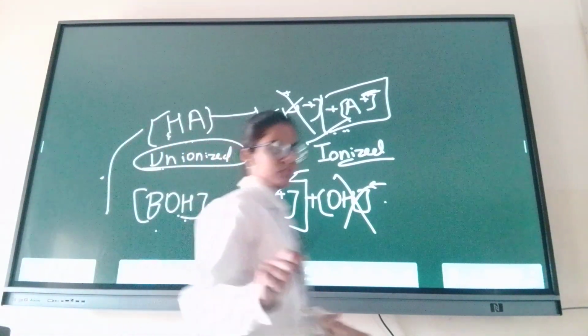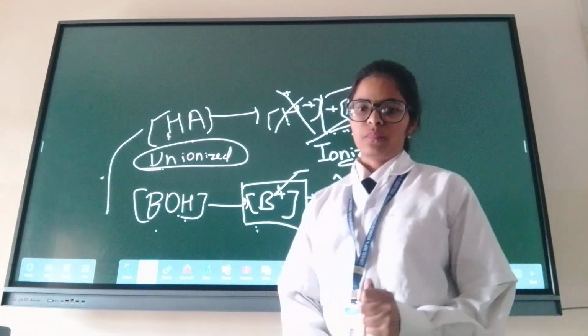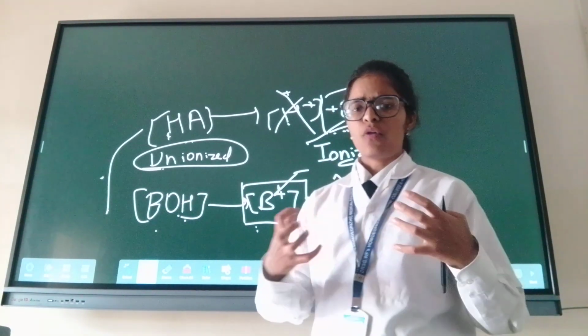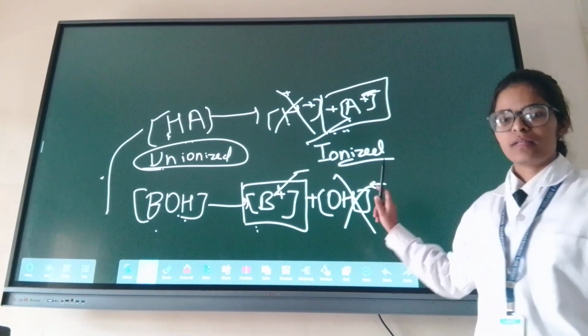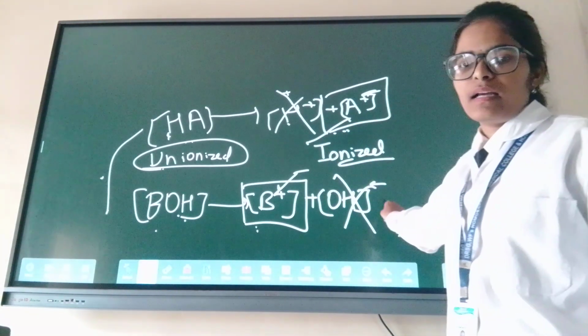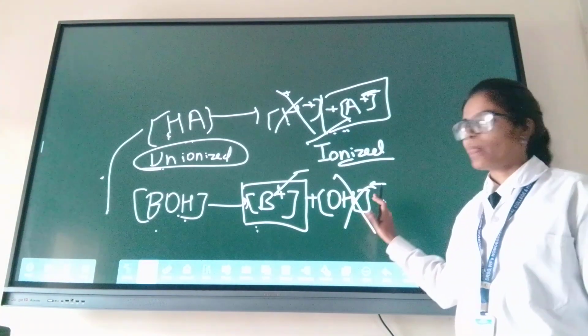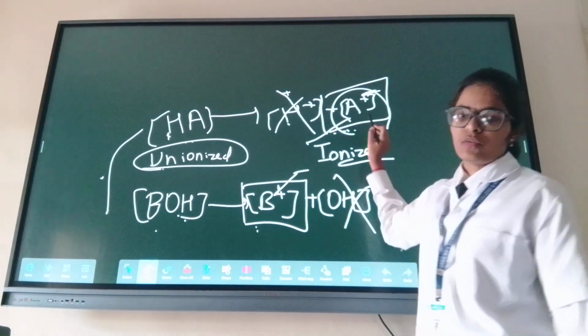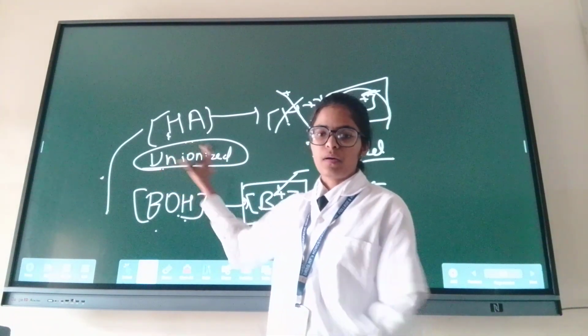Now remember the rule. The body loves the unionized form. The unionized form gets absorbed, and the body hates the broken form, the ionized form. It wants the unionized, combined form.